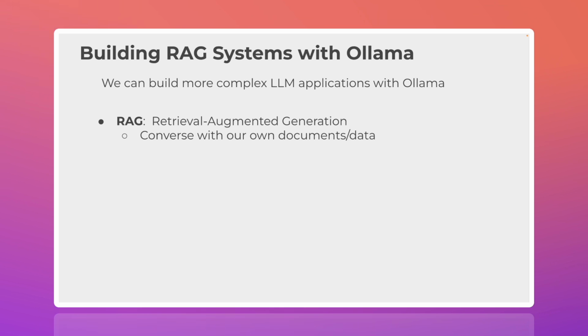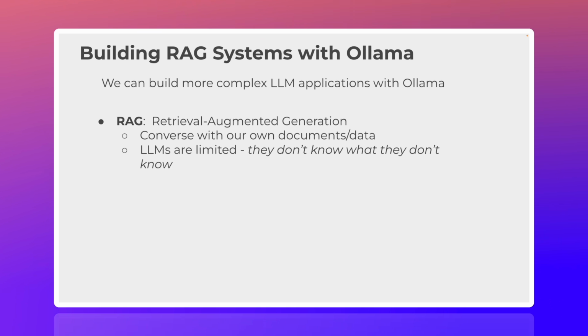Now, the thing to keep in mind is that large language models are actually very limited in terms of knowledge. They're bombarded with a lot of different information, textual, audio, and everything. That's how they were trained, but they don't know what they don't know, meaning they only know what they were trained on. And so it makes it really difficult for us to build applications that are customized to our own needs.